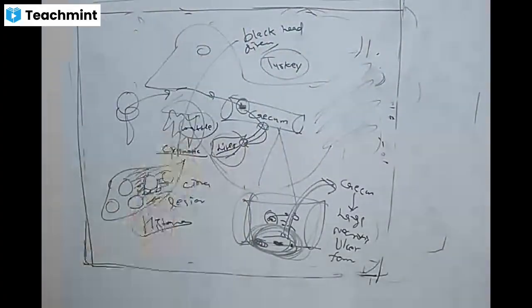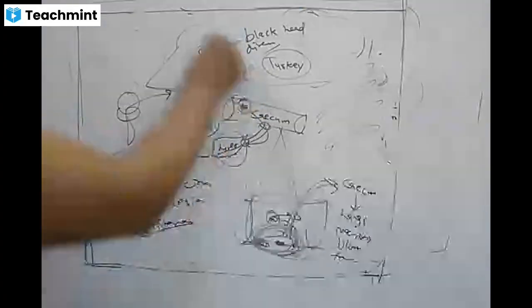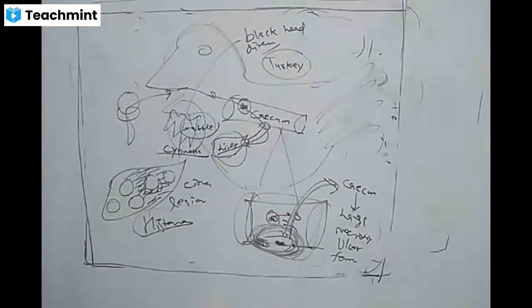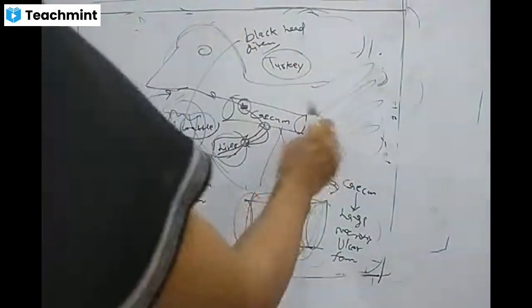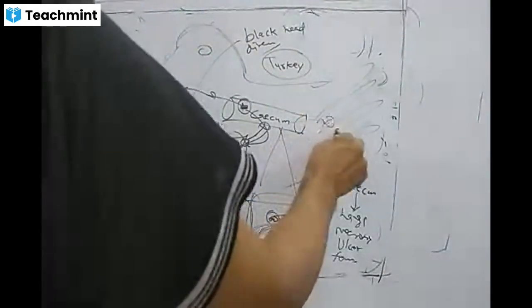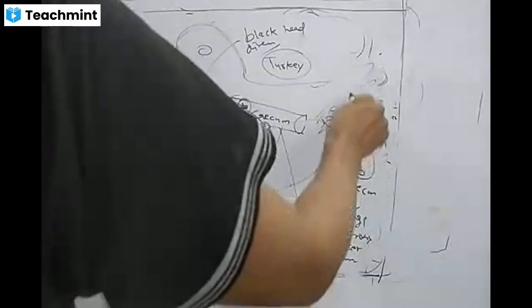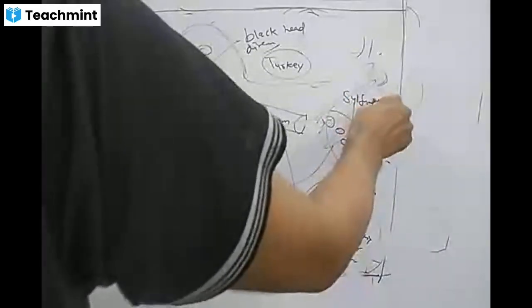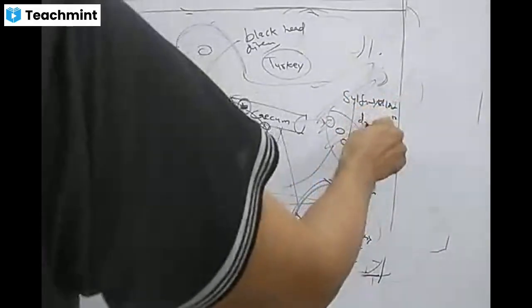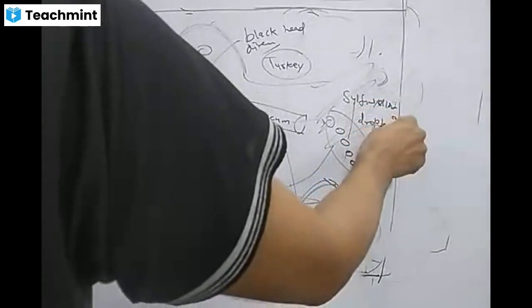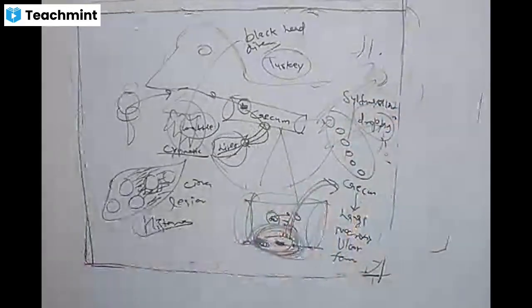So the wattles and the skin of the head become cyanotic, blackhead disease. Come to the vent area. From there, what comes out? Sulfur yellow color droppings.